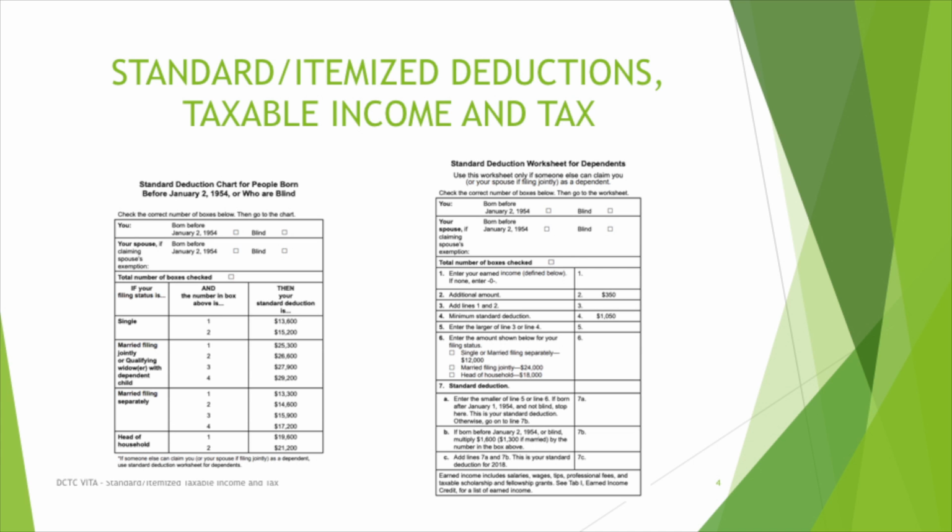Now the chart on the right, the second chart, is the standard deduction chart to be used when the taxpayer or dependency exemption can be claimed by someone else. Once again, this information would have already been addressed on Form 13614C, line 10.